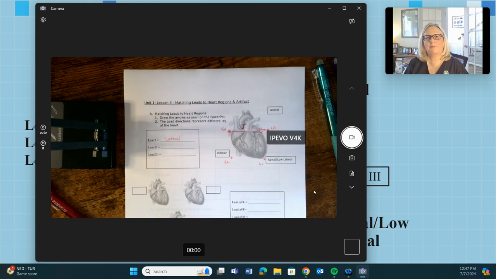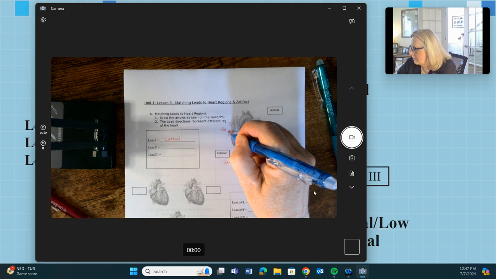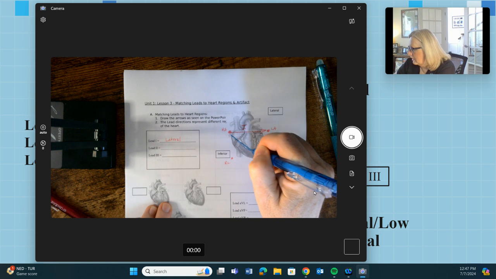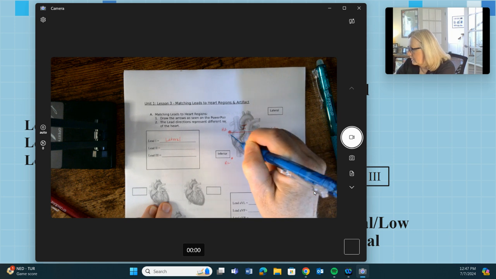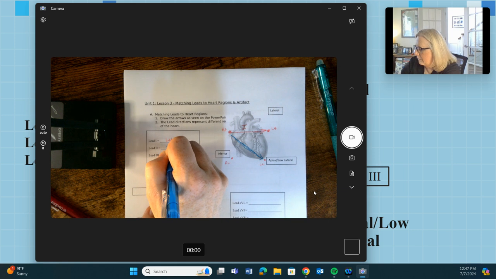It's popping up. So as we go across here, I'm going to write down lead 2. It goes from here to here, right? And since it's going towards the bottom of the heart, that's going to be considered inferior.